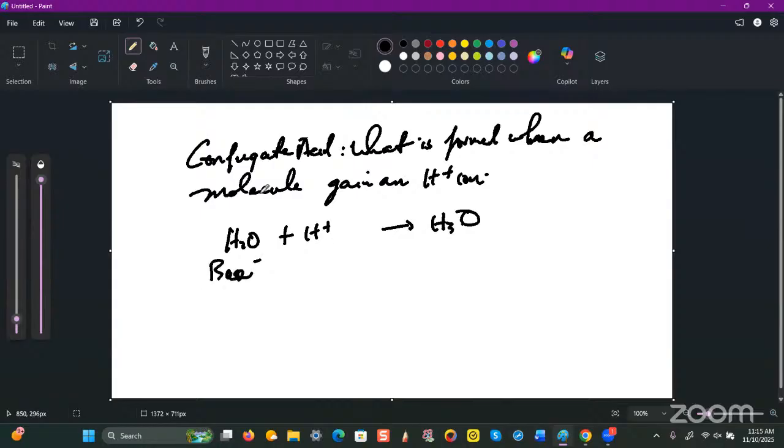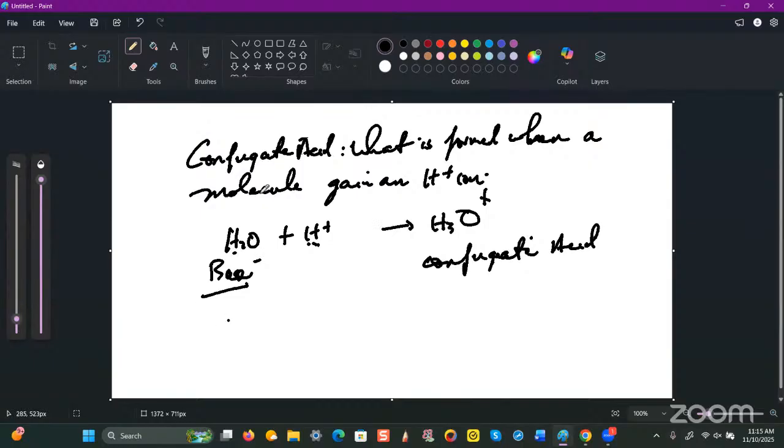But this now would be the conjugate acid of this base here. Now, the reason why I call this a base is because it's reacting with H plus, right, which is an acid, all right? So basically, what you'll find is that the charge increases as you go from the base to the conjugate acid.